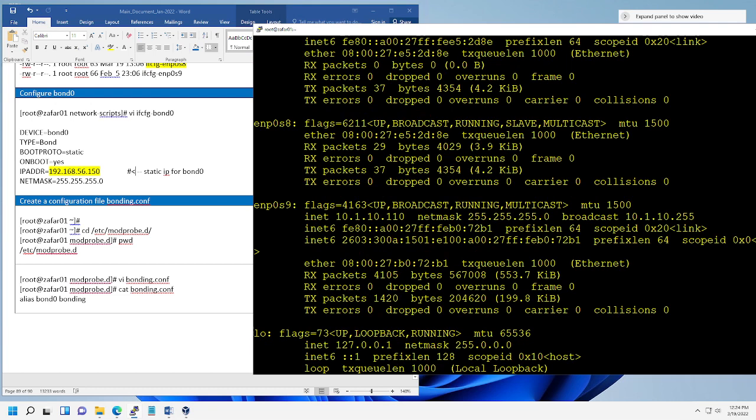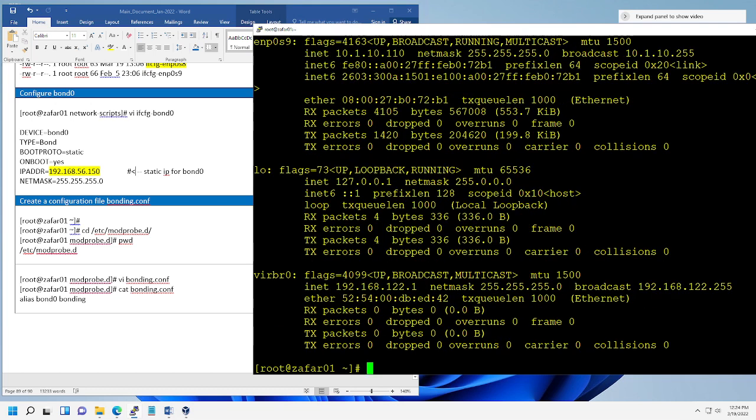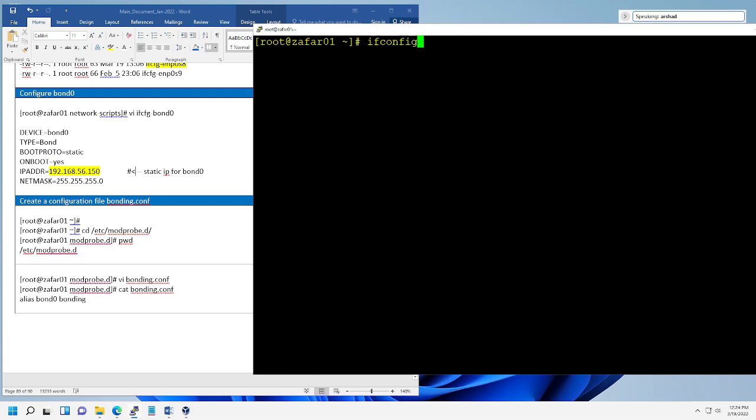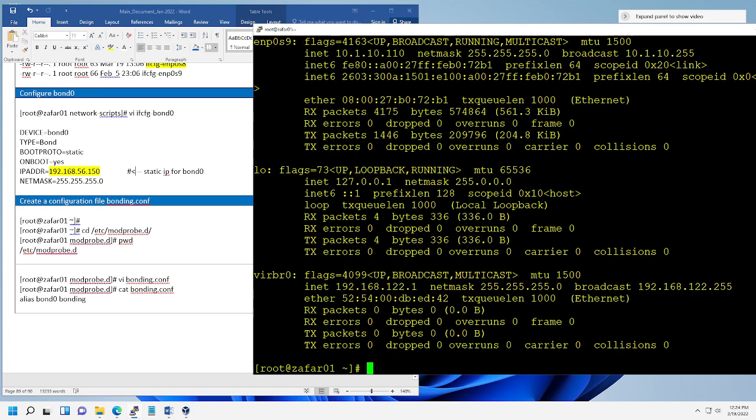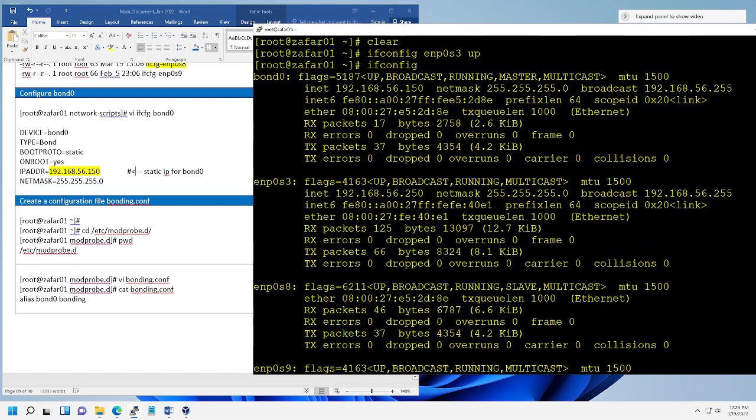If you notice, ENP0S3 is gone. Let me bring it back up. I'm going to say up. And let's see ifconfig. Okay, so this is still coming back up here, which is not good.